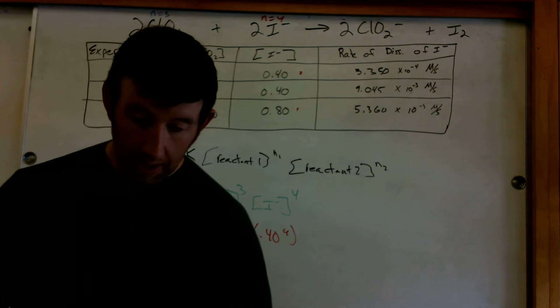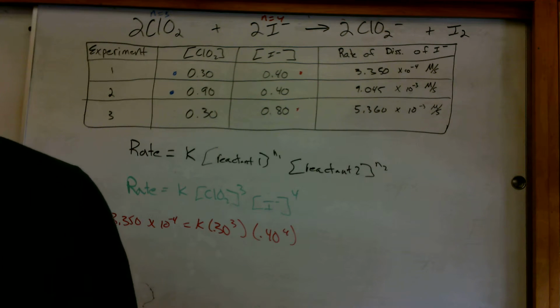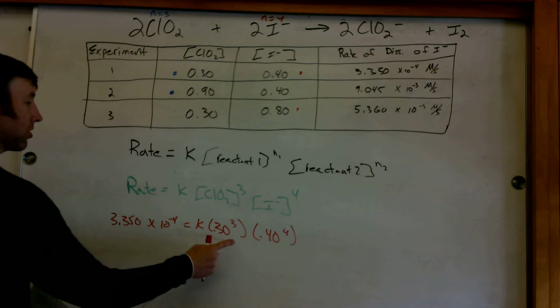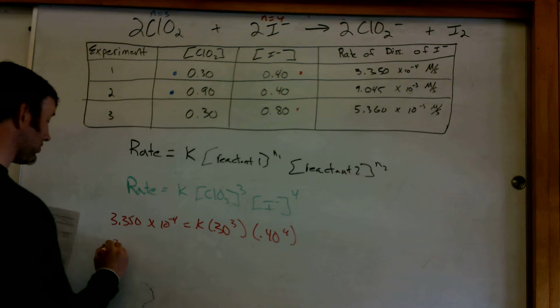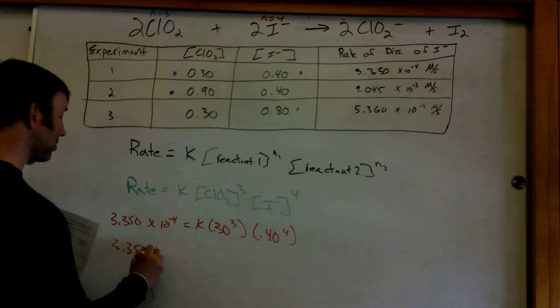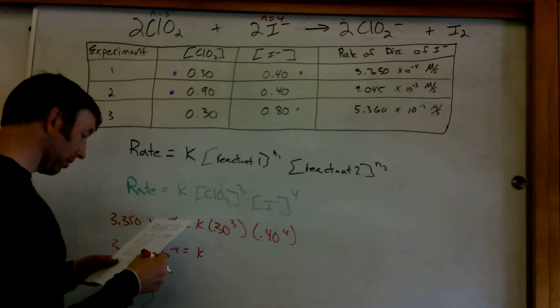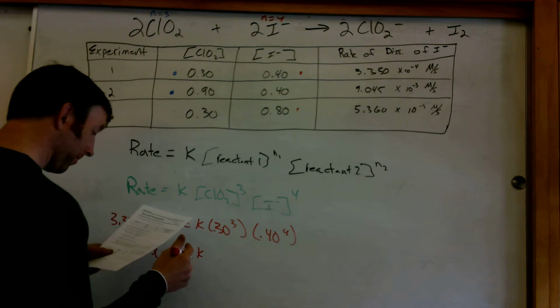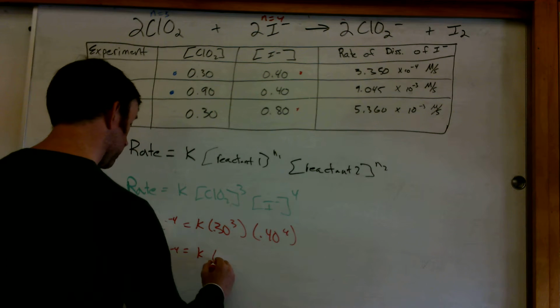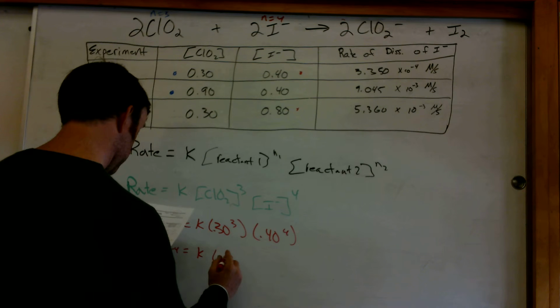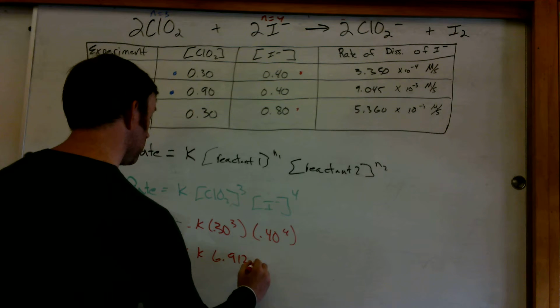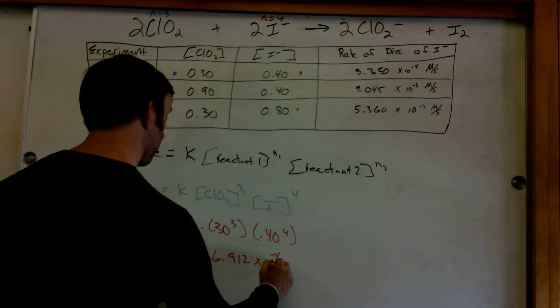So I go this to the third times this to the fourth, and I should get 3.350 times 10 to the negative fourth is equal to k times 6.912 times 10 to the negative fourth.